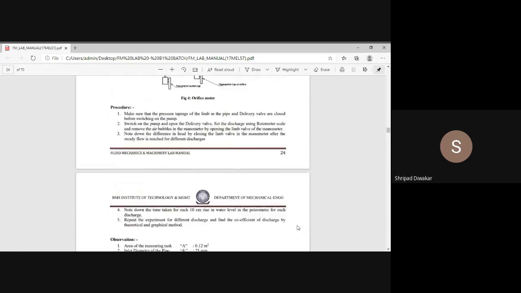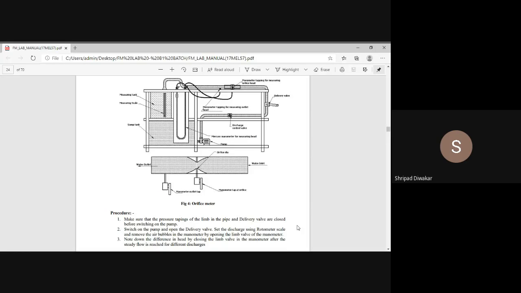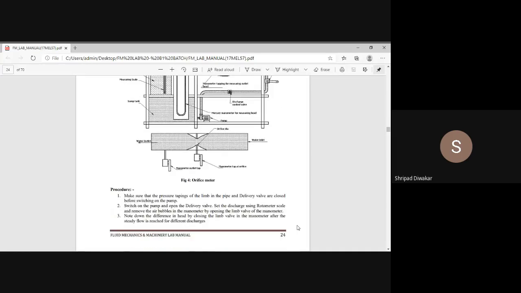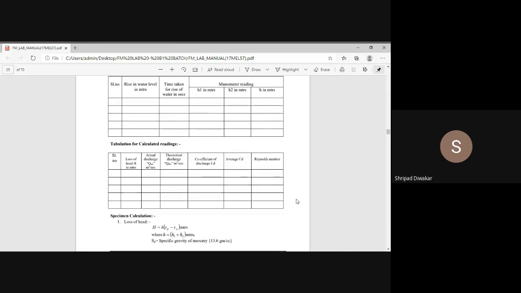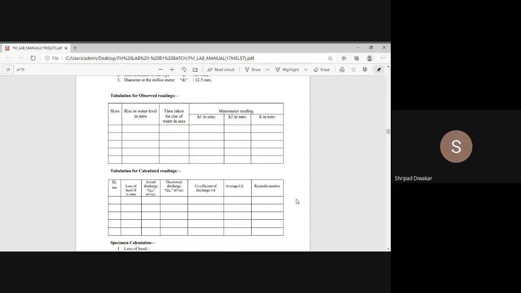On the left side you have to draw the sketch for the experiment, and below that draw the tabular column. Once the tabular column is over, you have to note down the readings.